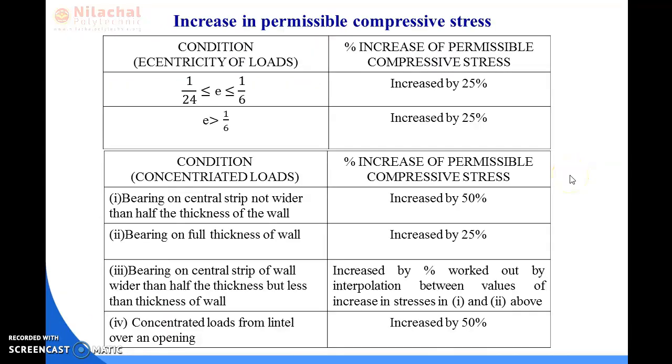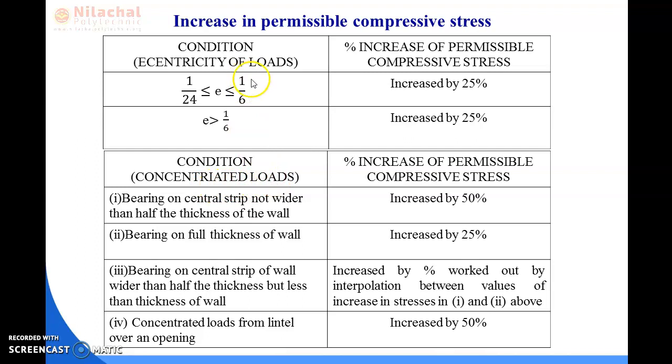So this is the table in which increase in permissible compressive stress is given. The first condition is for the eccentricity of loads and the second condition is concentrated loads.